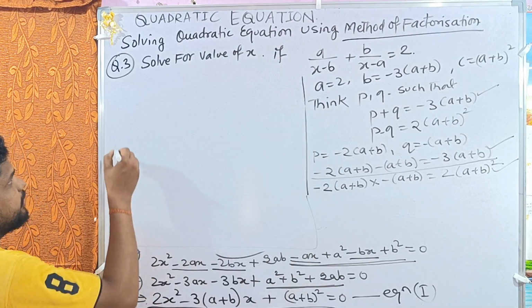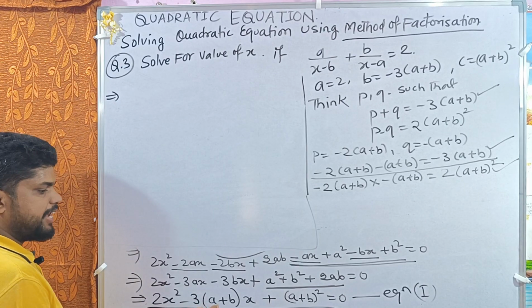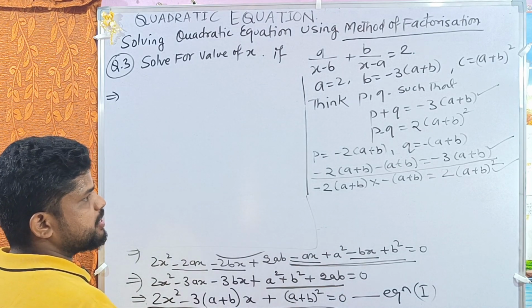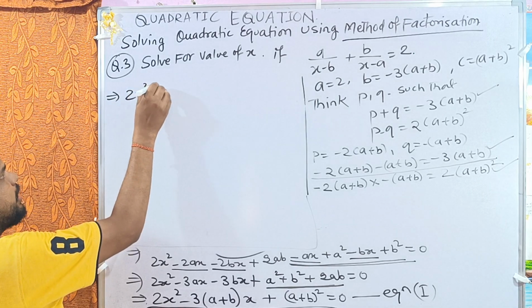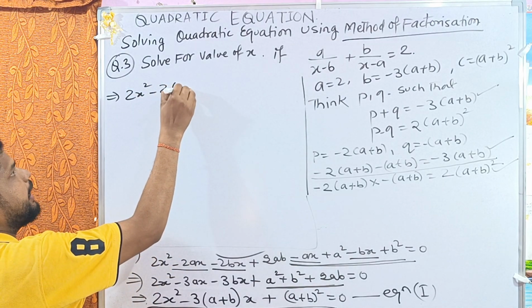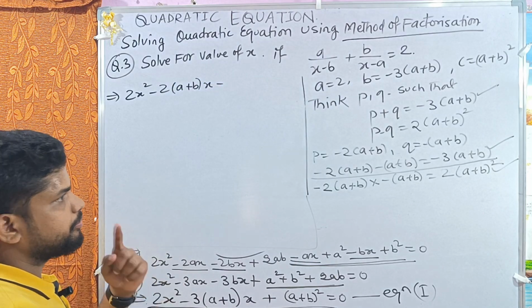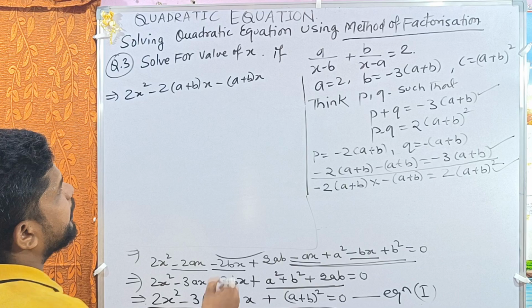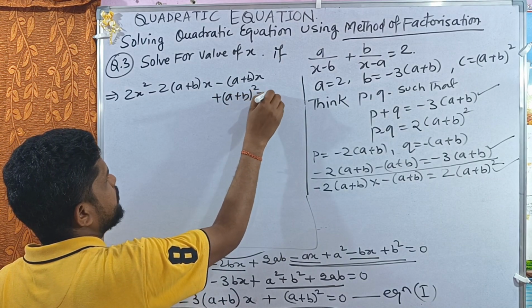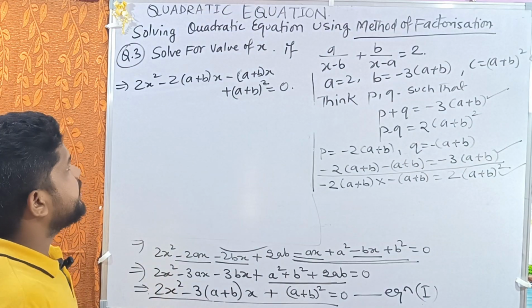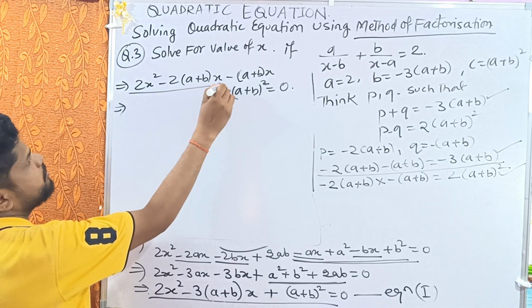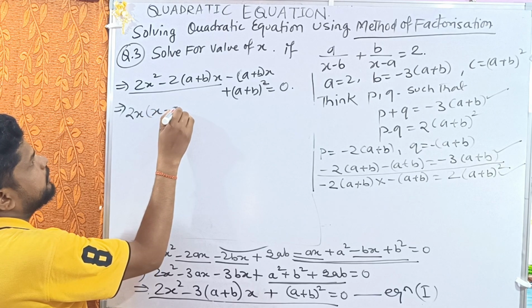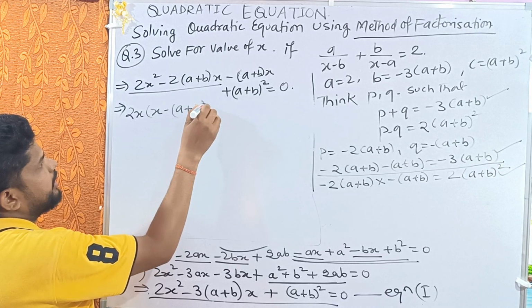Okay dear students, so I can write 2x square minus 3(a plus b)x plus (a plus b) whole square equals 0, and by using the splitting the middle term method, 2x square minus 2(a plus b)x minus (a plus b)x plus (a plus b) whole square, which equals 0. From the first two terms you can take 2x as common, and what will remain inside the bracket will be x minus (a plus b), open bracket.